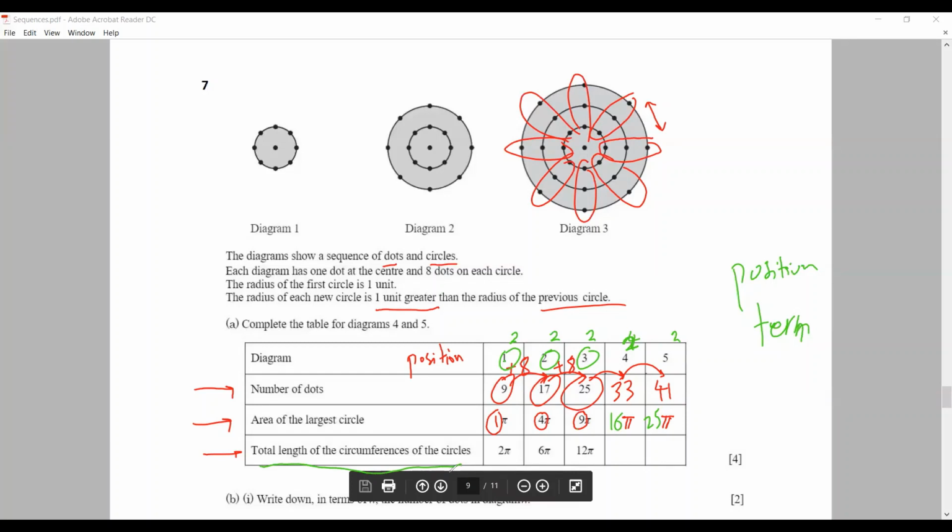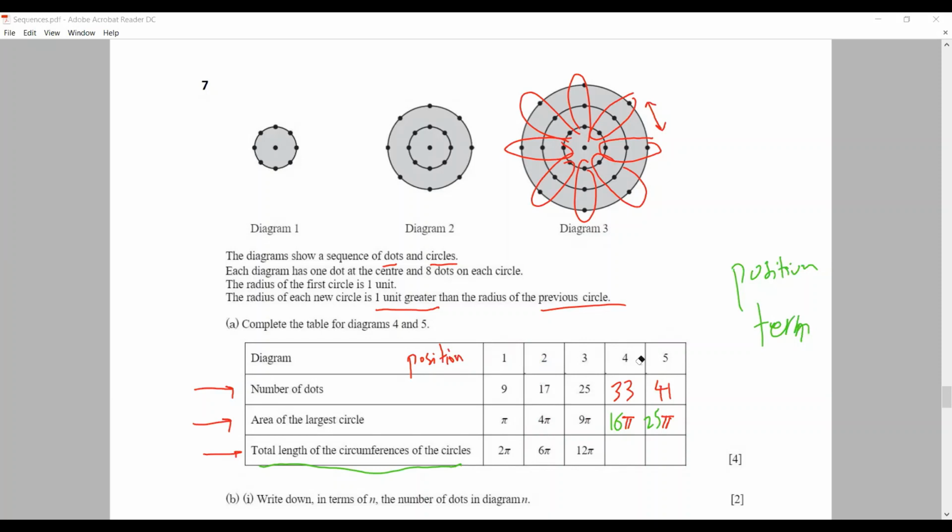circles. So this is 2, 6, 12. So what is happening? This is 1, the first position, and the term is 2 pi, then 6 pi, and 12. So it seems to me that when I multiply these two, 1 and 2 gives me 2, 2 and 3 gives me 6, 3 times 4 gives me 12, right?